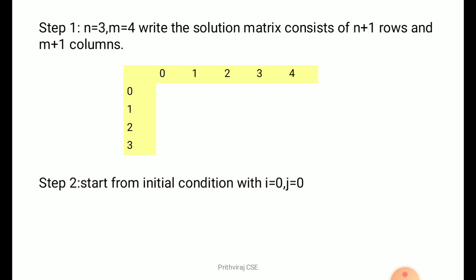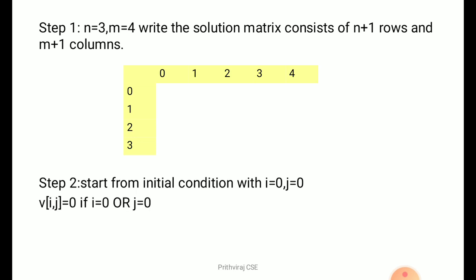Step 1. Here n is equal to 3, the number of items, and m is equal to 4, that is the capacity. First we'll write down the solution matrix, which consists of n plus 1 rows and m plus 1 columns. Here is our solution matrix. Step 2. We have to start from the initial condition with i equal to 0, j equal to 0.